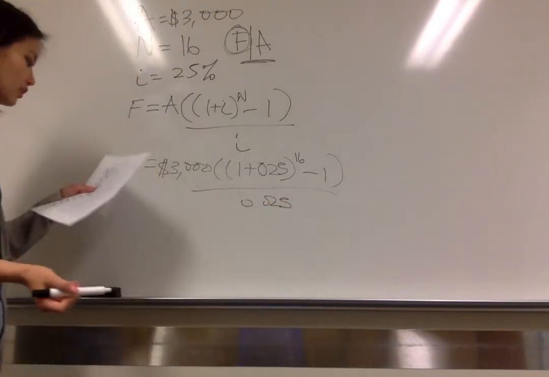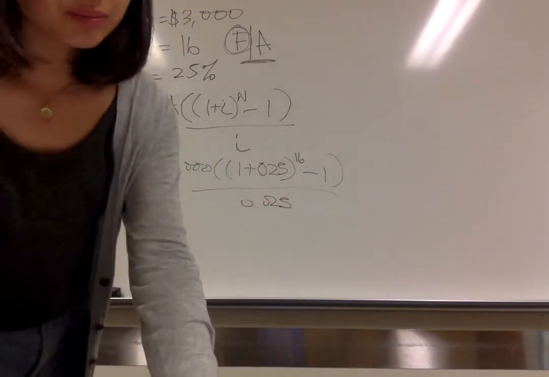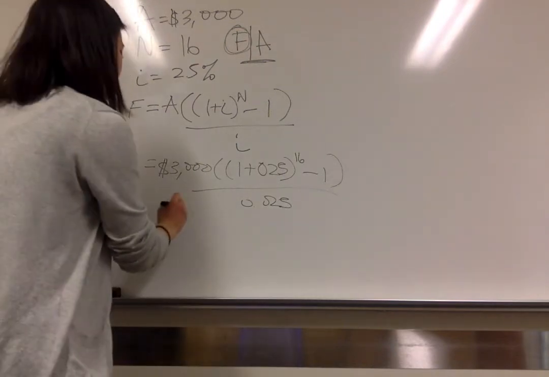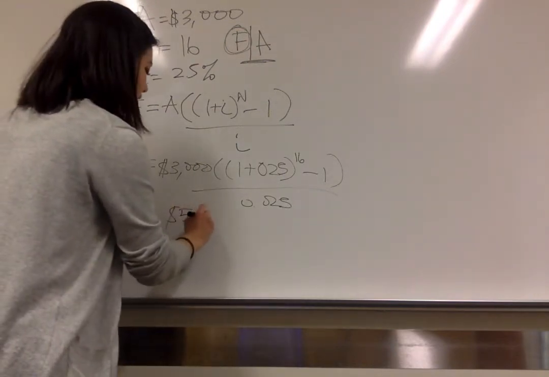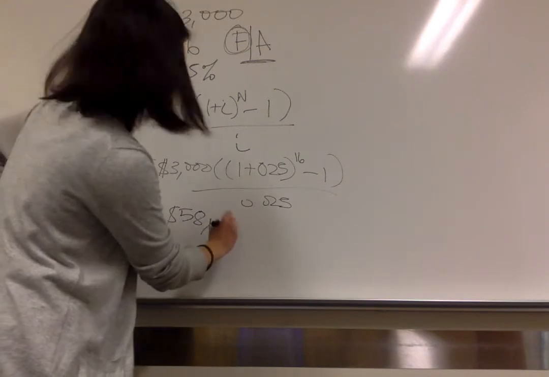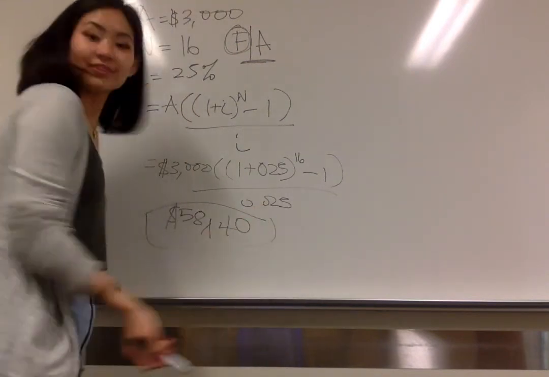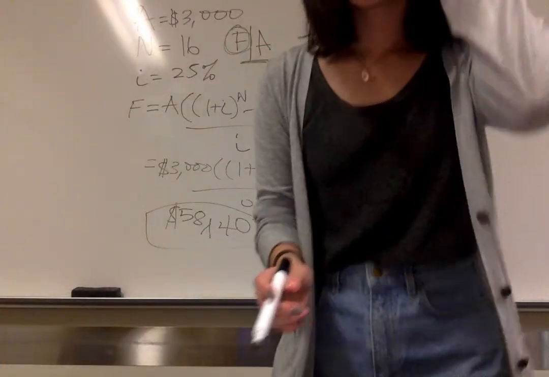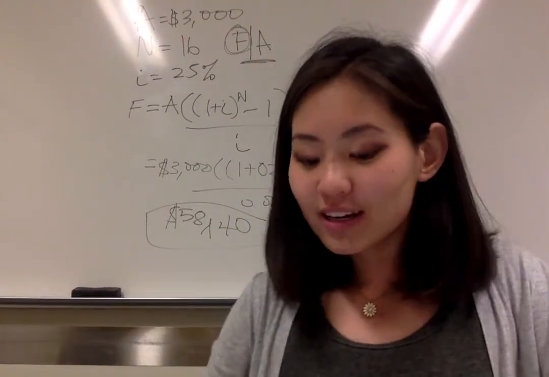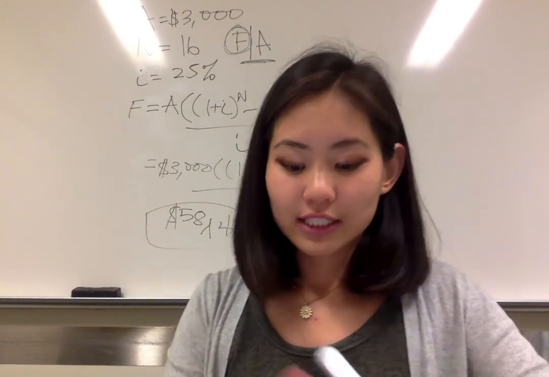Plug this into a calculator and your answer should be $58,140. And that's it. It's that simple. You just have to plug it into the formula and find whatever it is you're looking for.